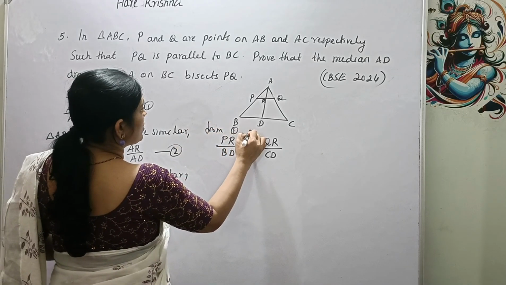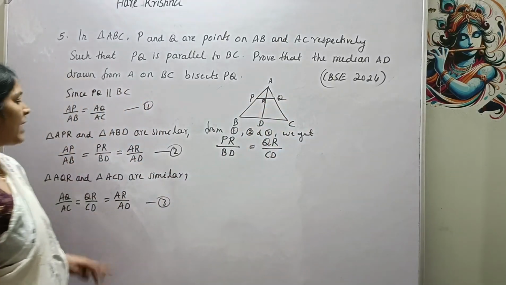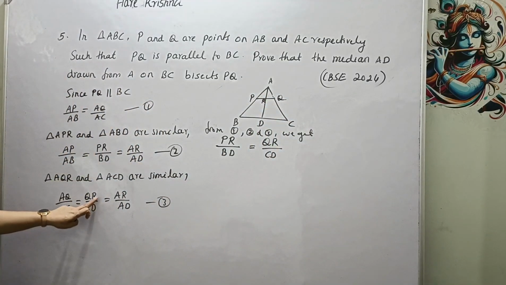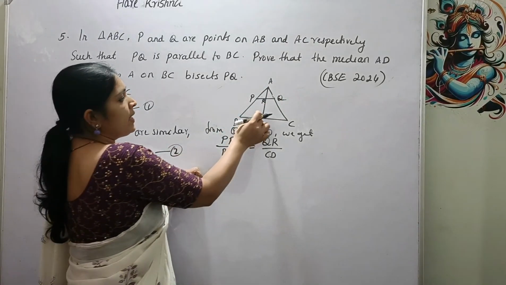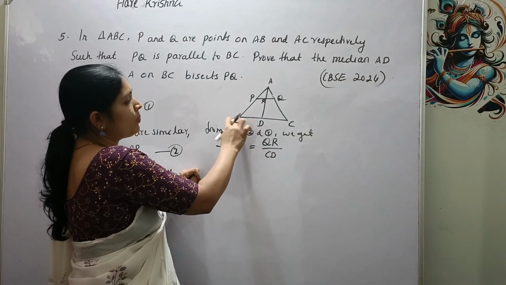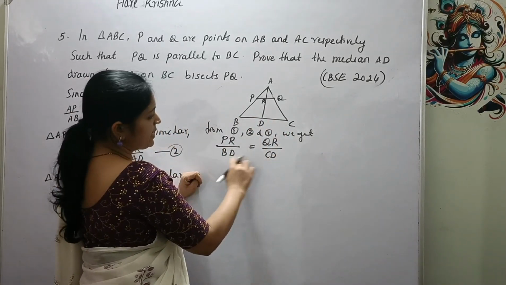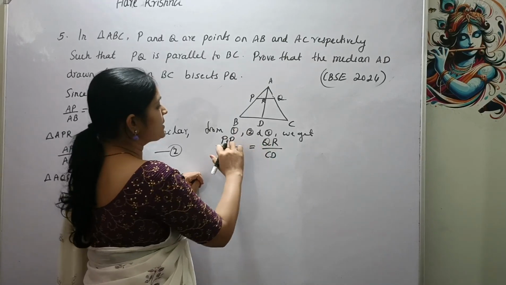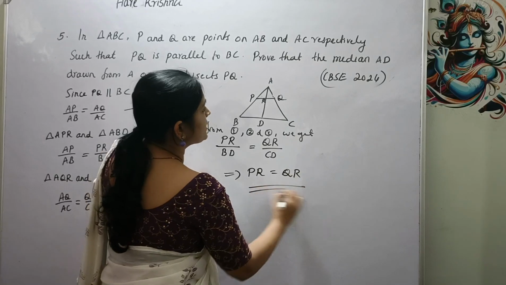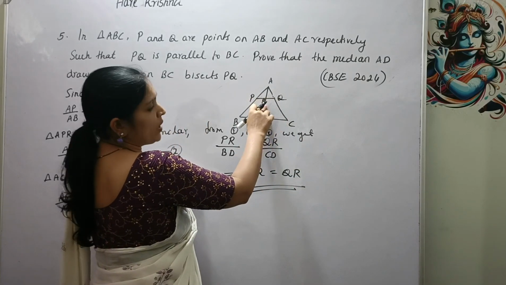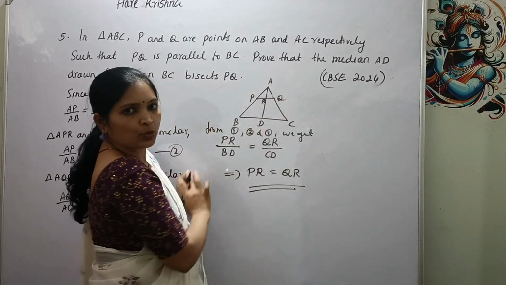See, here since AD is a median, D is a midpoint, right? Therefore, BD is equal to CD. This implies PR is equal to QR. Hence it is proved. See, PR is equal to QR. That means AD bisects PQ.